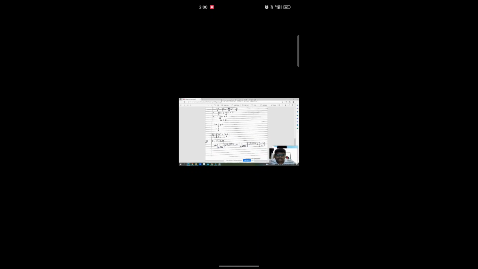They asked to evaluate the general solution, so you just have to put in yc plus yp, which is C1 matrix 1, 0.956 plus C2 matrix 1, 0.694 plus 0.50. Once you substitute, you will get the yc plus yp equation.